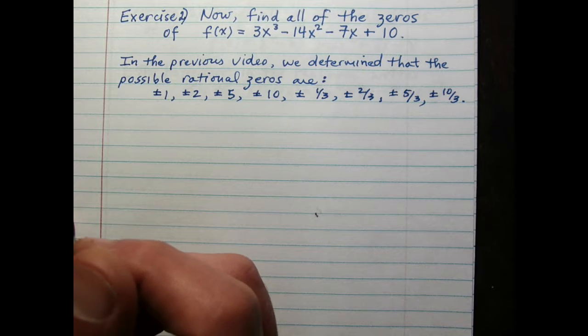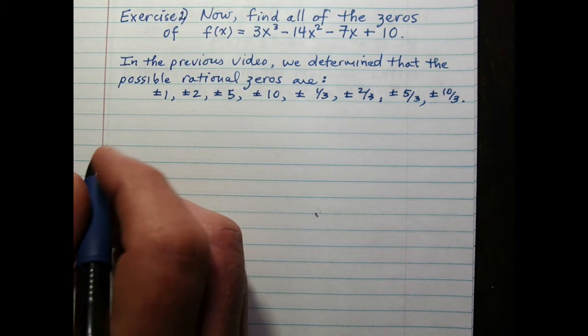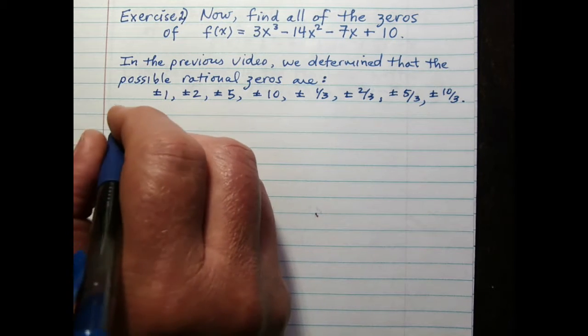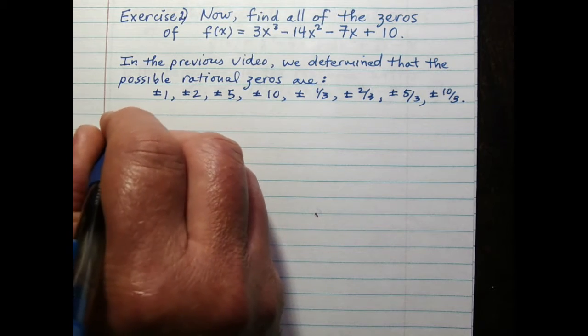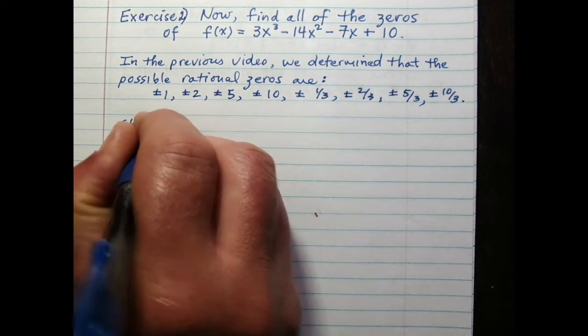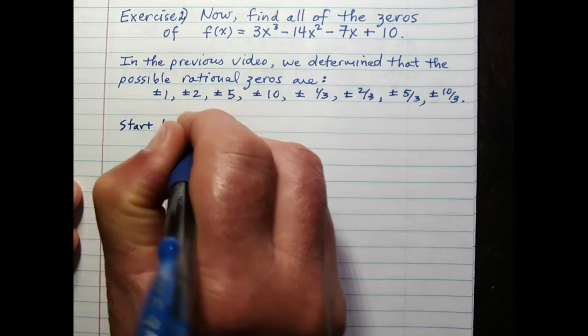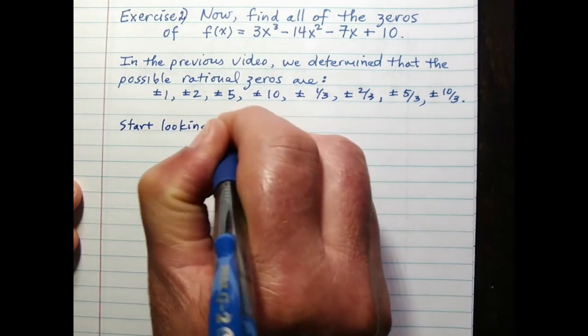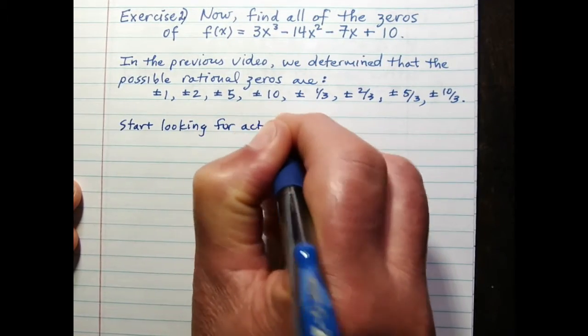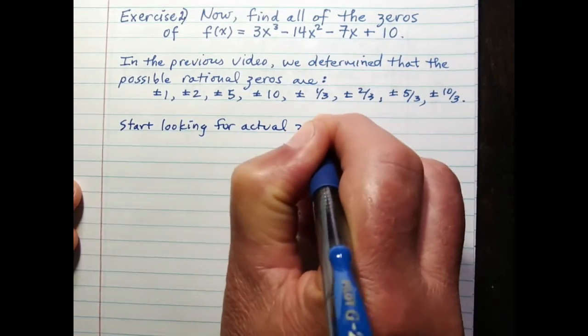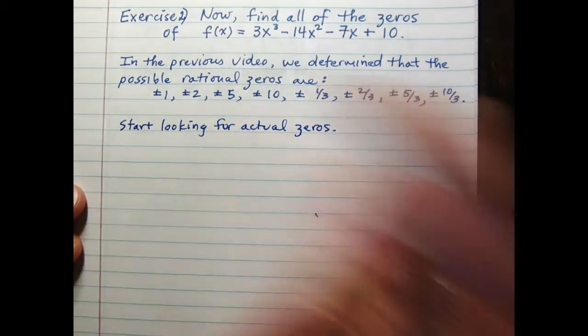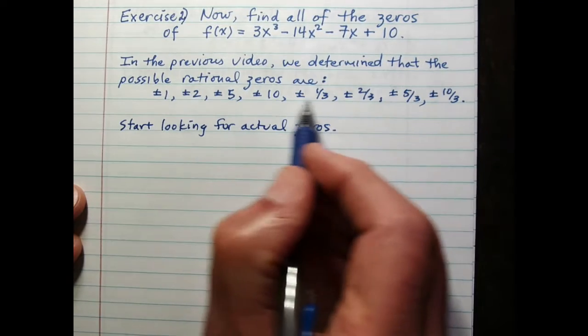Most of them will not. And so what we have to do is start looking for actual zeros. And so I have to start working my way down this list.